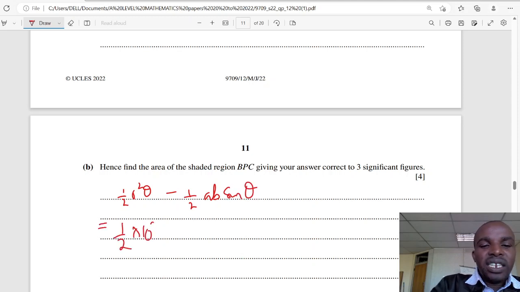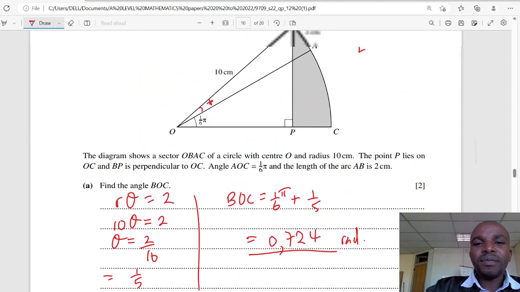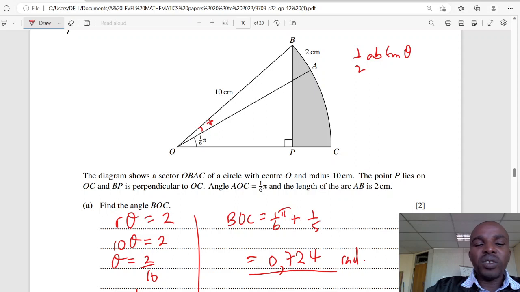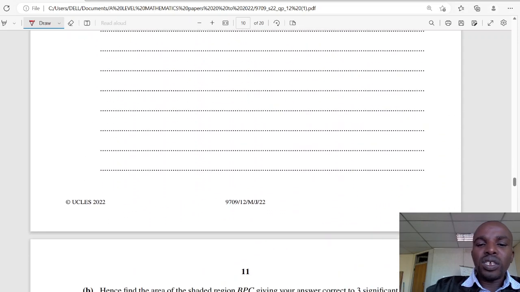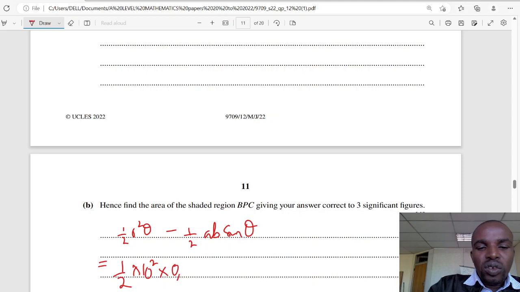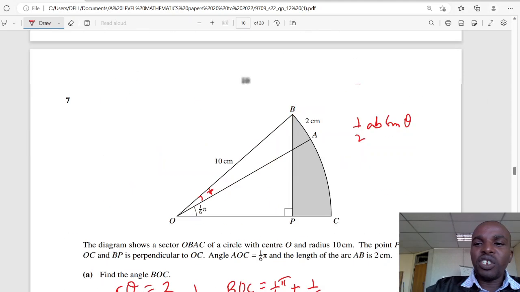Half, radius is 10 squared. Then your theta for the sector is the one that you found, 0.724. Then minus half AB. Actually, for the triangle, let me check.